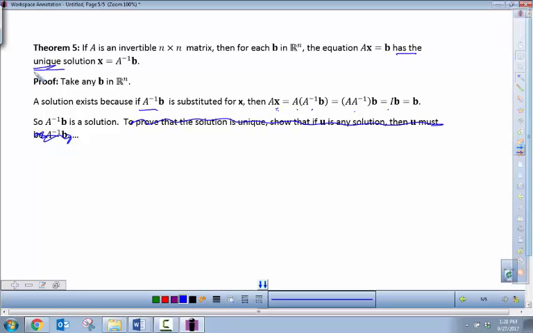That's what uniqueness is saying. To prove the solution is unique, show that if U is any other solution, then U must be equal to this. I didn't show it, but the rest of the proof is in the PowerPoint presentation.